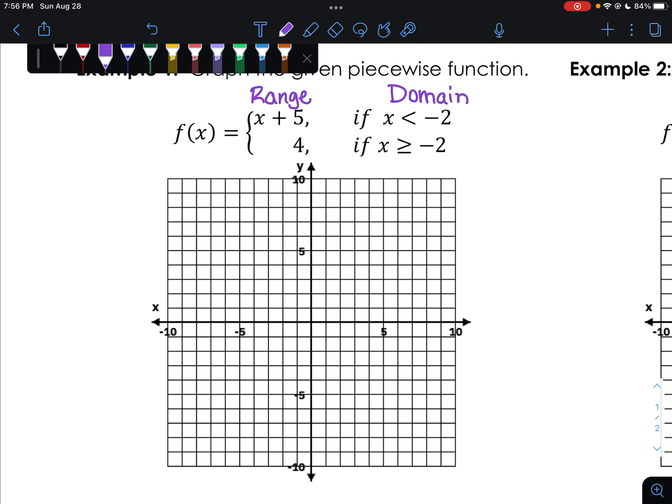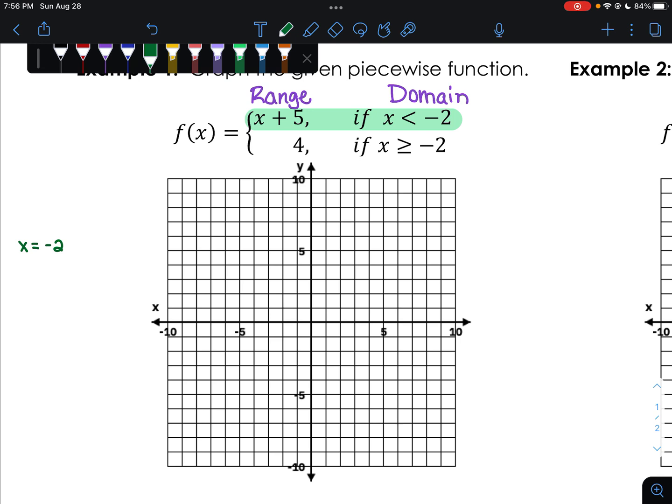So if I'm trying to graph x plus 5, if x is less than negative 2, the first value I'm going to do is I'm going to find the y value when x is negative 2 for that top function. So even though it's not included at that point, because it does not have the line underneath, we still need to put a point there even if it's an open or closed circle.